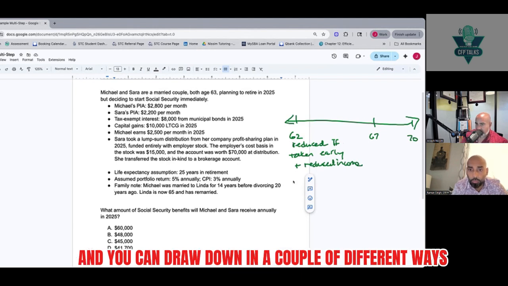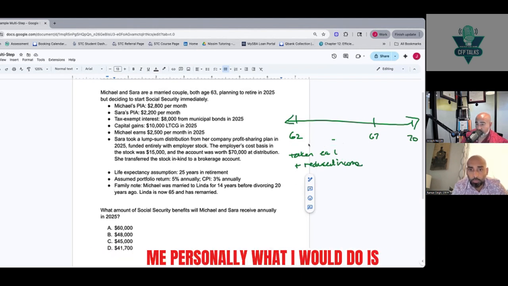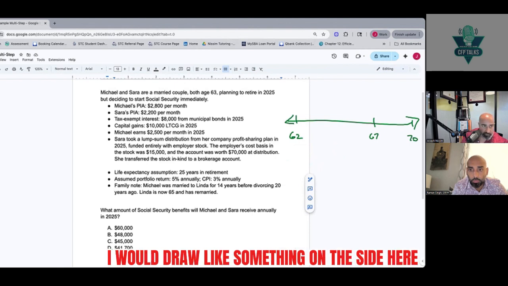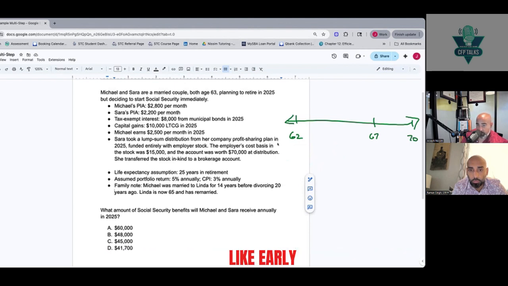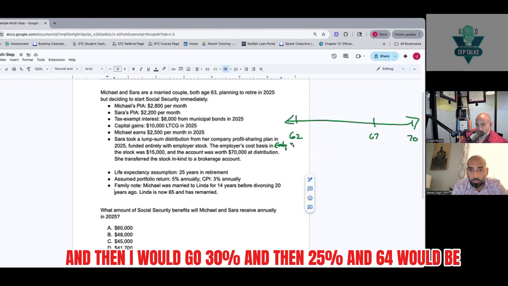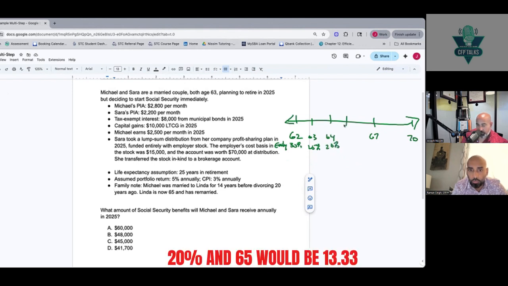And you can draw down in a couple of different ways. Me personally, what I would do is I would draw something on the side here, like early, and then I would go 30% and then 25%, and 64 would be 20%, and 65 would be 13.33, 6.67, 100%.